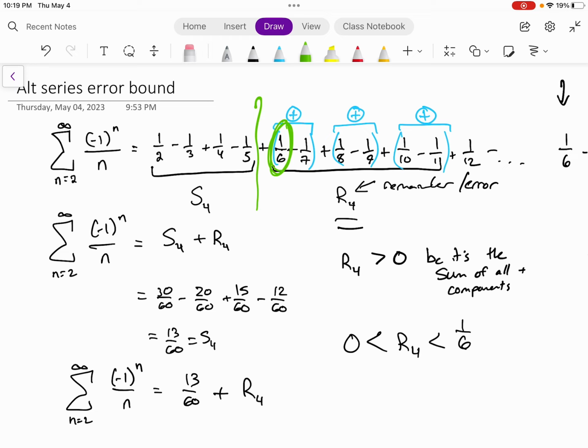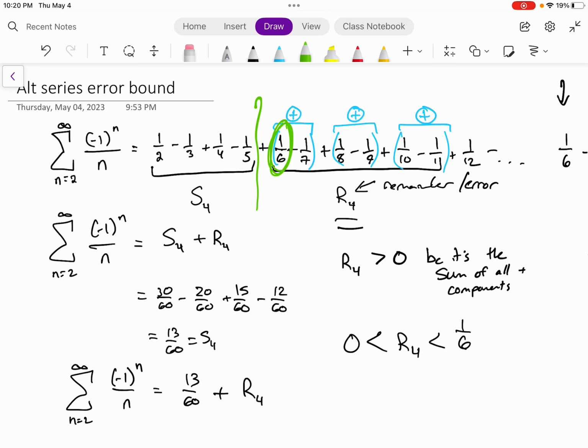Obviously, depending on where we chunk this, there could be something with absolute value here. If I talked about S5, the fifth partial sum, then my things would be bounded by negative a seventh, not positive a seventh, because the first term would be negative. So what this says is that after the next term, the rest of this stuff is just noise that will make it smaller, closer to 0, and that 1/6 is really the upper bound of my error, okay?